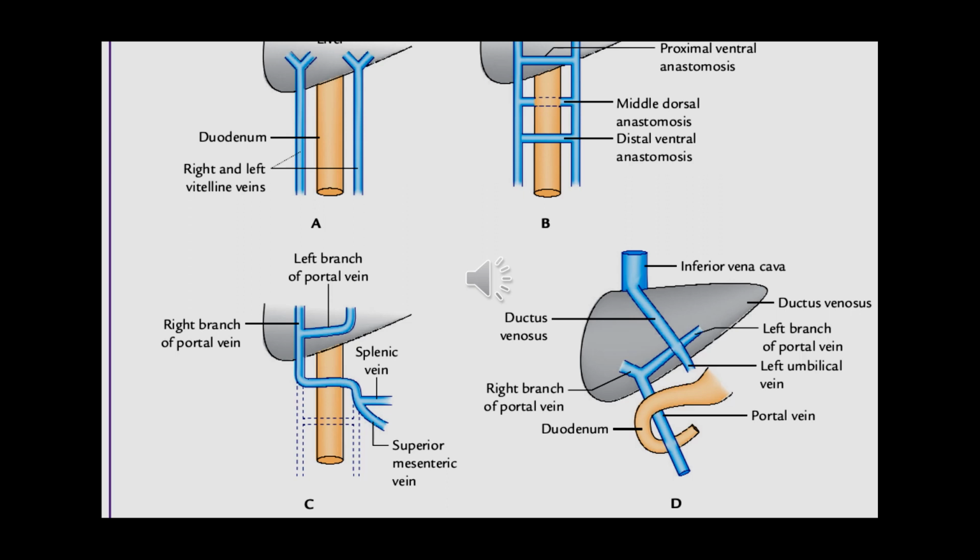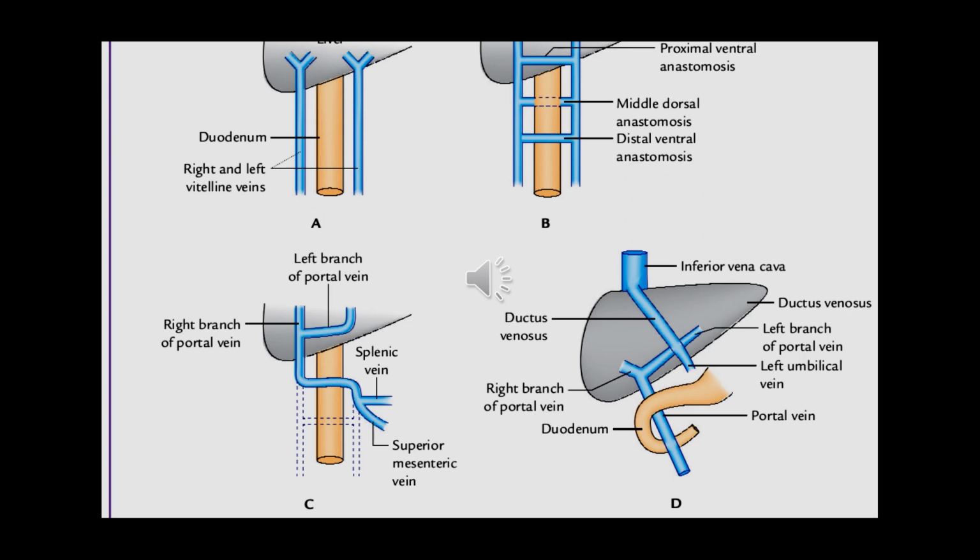We can see that on the left side, the left vitelline vein up to the attachment of the splenic and superior mesenteric veins, whatever portion is here, it will disappear.